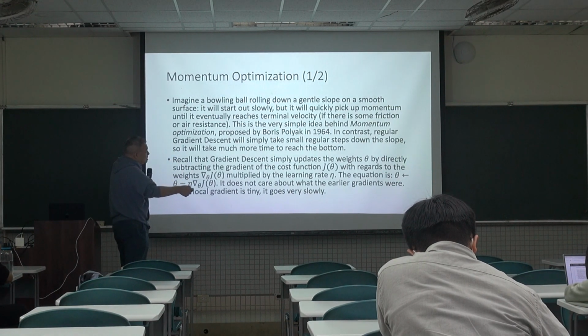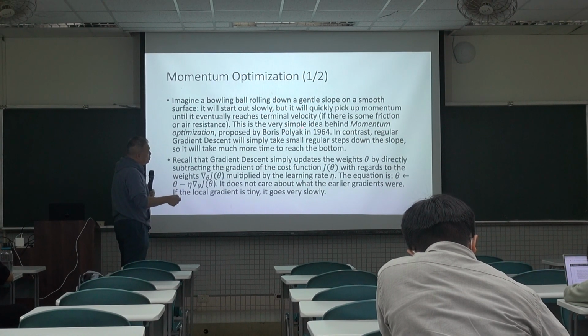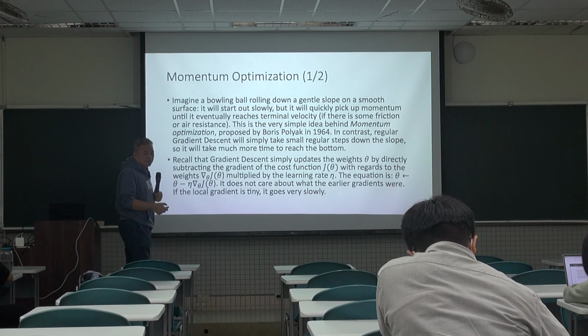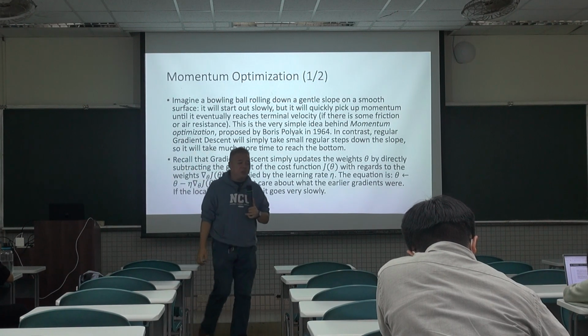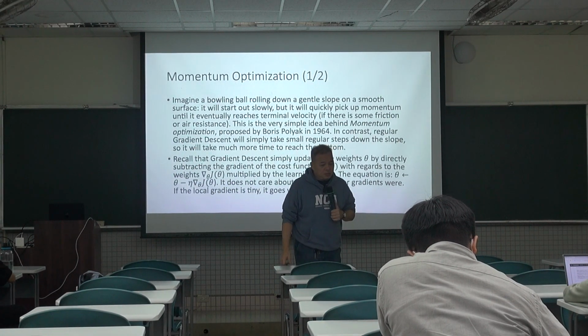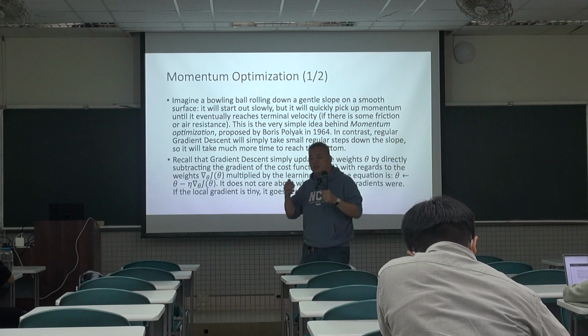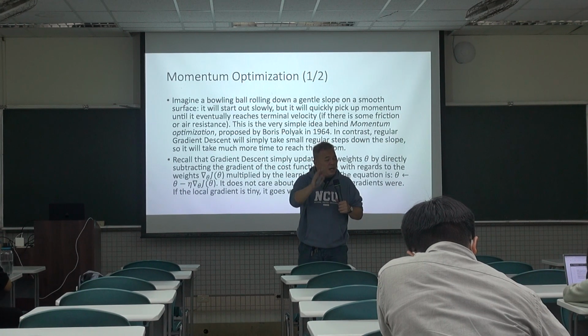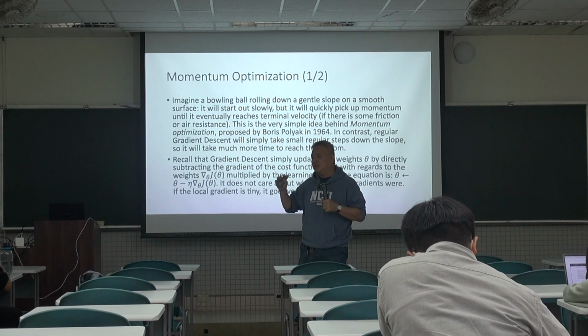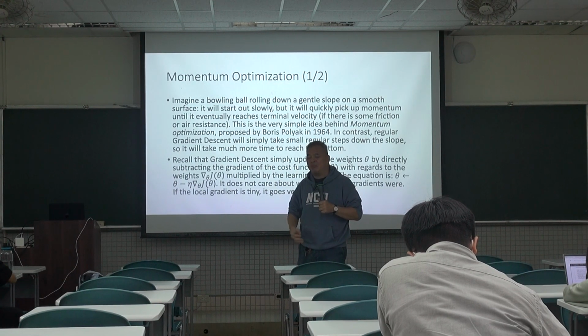So, momentum optimization. It was proposed by Boris Polyak in 1964. This was not proposed for deep learning; it was proposed a long time ago. Even though in deep learning we use the gradient descent concept, I have to remind you that gradient descent is a very traditional optimization technique we have known about for a long time.